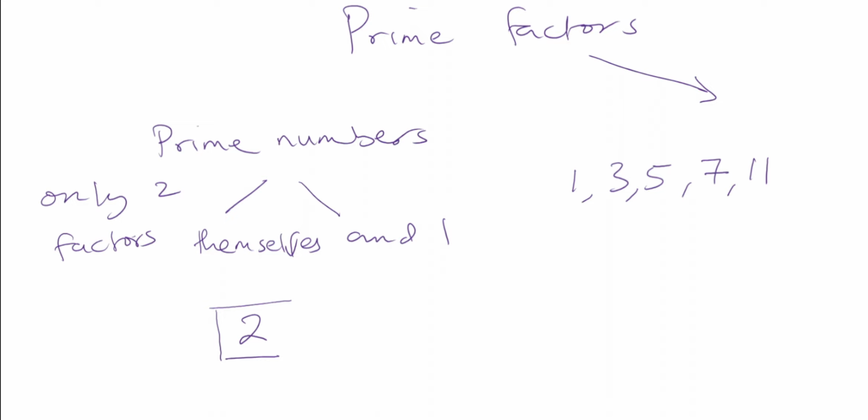Okay, but that is not quite right. Okay, first of all, let me make something clear. 1 is not a prime number. 1 is not a prime number. 1 is a very strange number in mathematics. But for this topic, just get it clear. 1 is not a prime number. Okay.